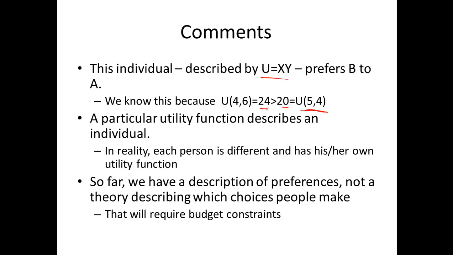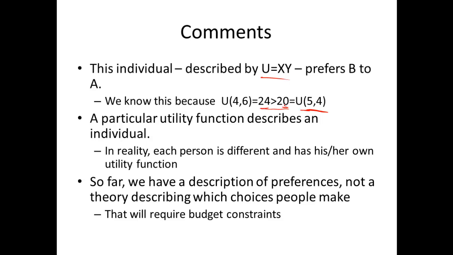And of course, because 24 is bigger than 20, the utility of B is bigger than the utility of A, or just to say it in kind of human terms, this person prefers B to A. So we could do that for any 2 points, but there it is for B and A.